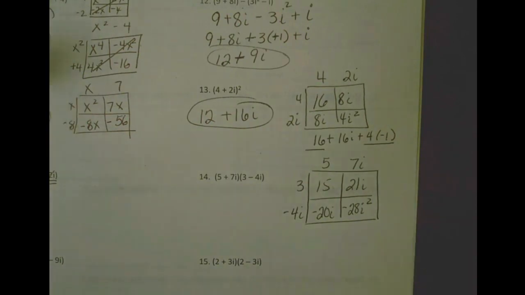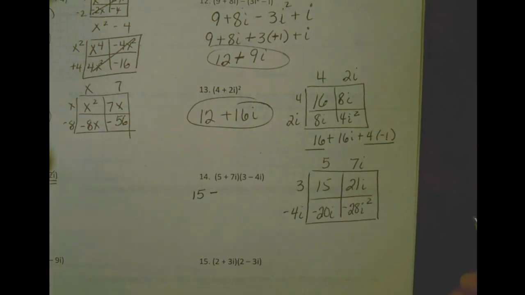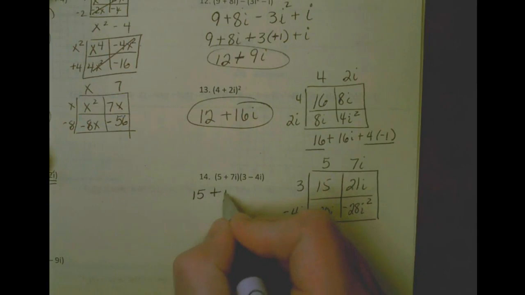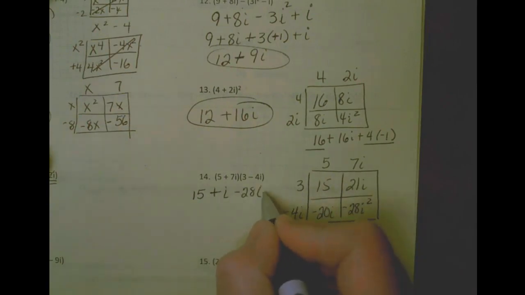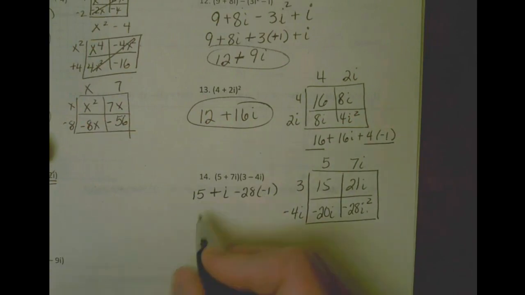And so when you combine like terms, this will be 15 plus i minus 28, and i squared is equal to negative 1. That would make this a positive 28 plus 15.